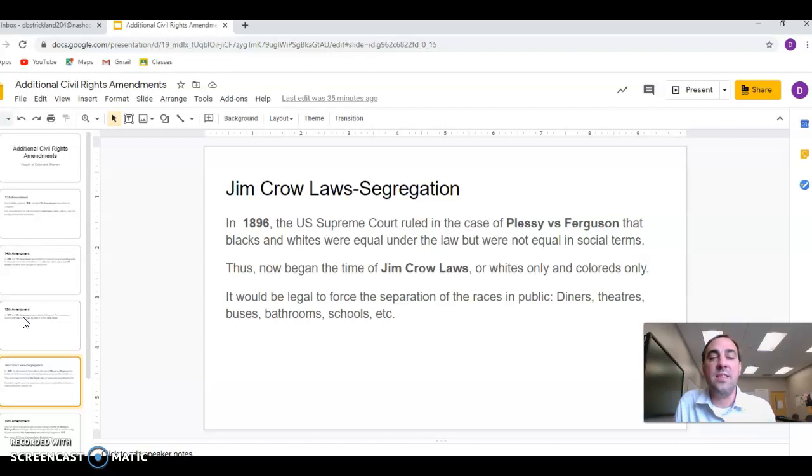This is where you would see those signs, whites only, coloreds only, at places like restaurants, theaters, water fountains, schools, bathrooms, any place out in public. You could separate the races because the Supreme Court, under the ruling of Plessy versus Ferguson, made it completely legal. So Jim Crow basically allowed for segregation, and you'll notice that this is still in the 1800s.